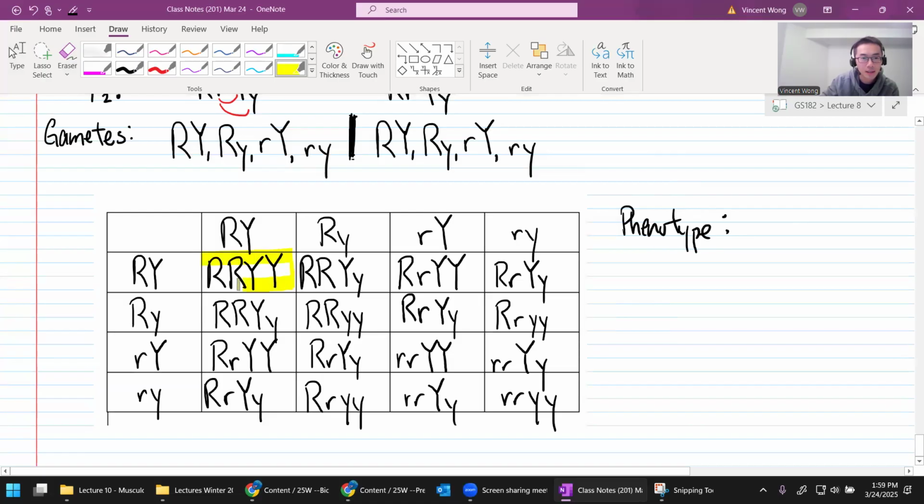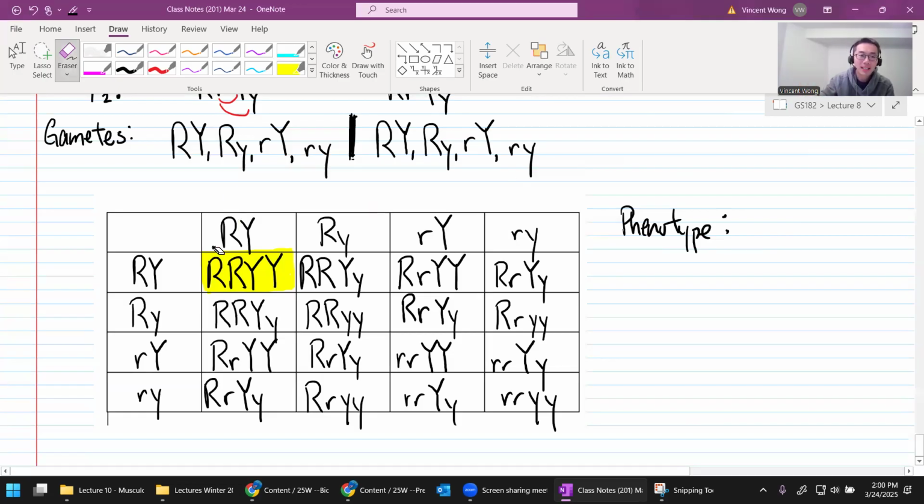Can someone tell me what the phenotype of this one is? Don't give me numbers. This particular one, is it round or is it wrinkled? Round. Is it yellow or green?